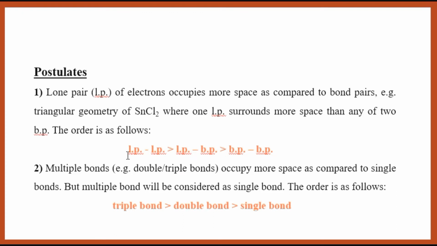And in other words, we may say that the lone pair-lone pair interaction would occupy more space as compared to lone pair-bond pair interaction, and that would occupy more space as compared to bond pair-bond pair interaction.